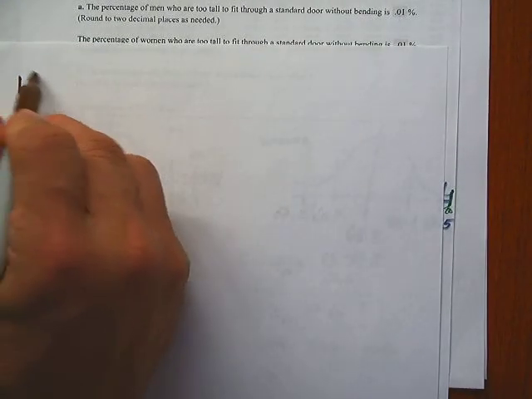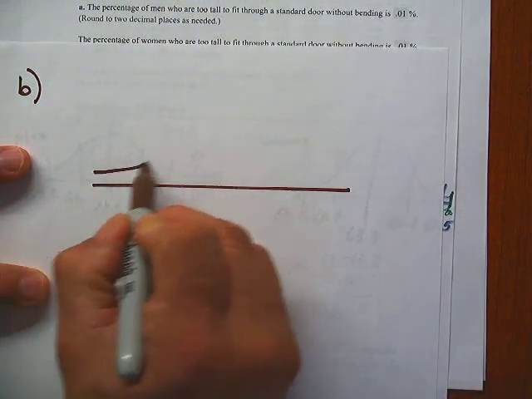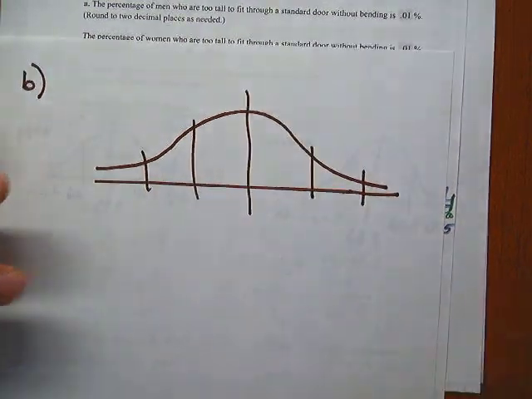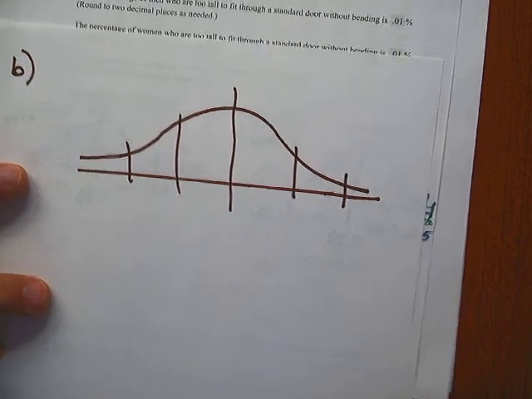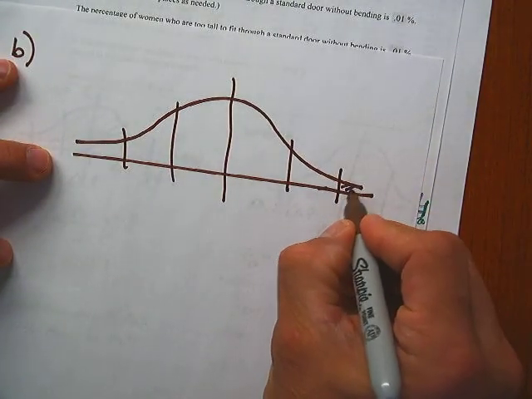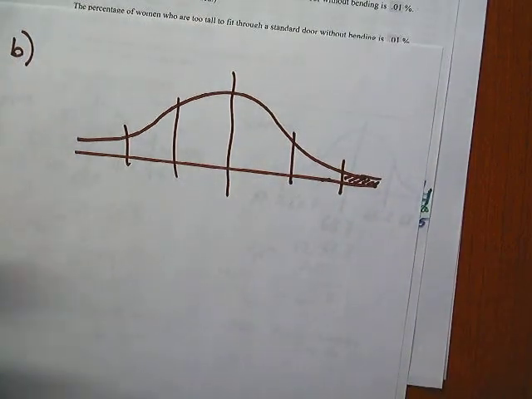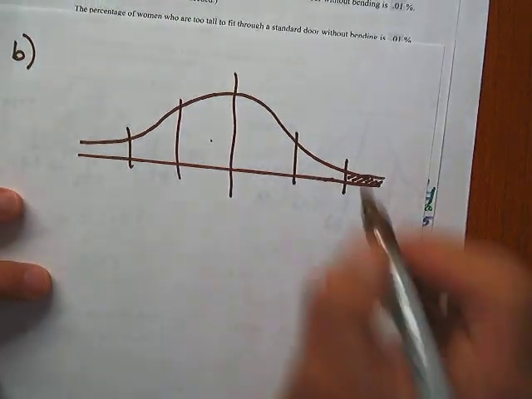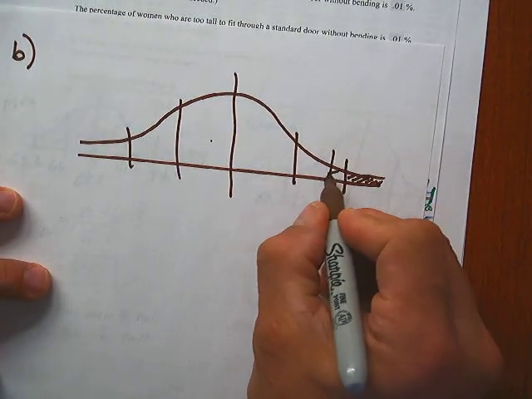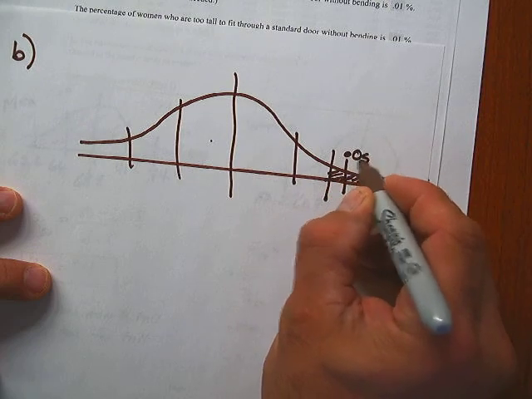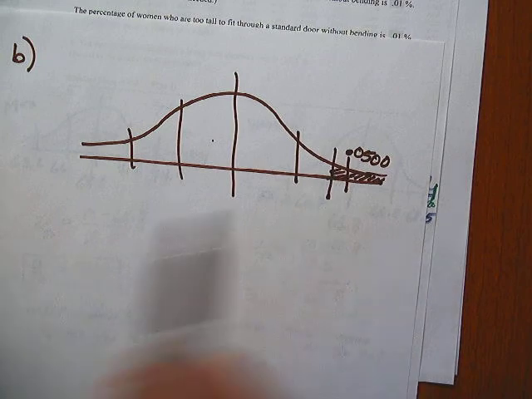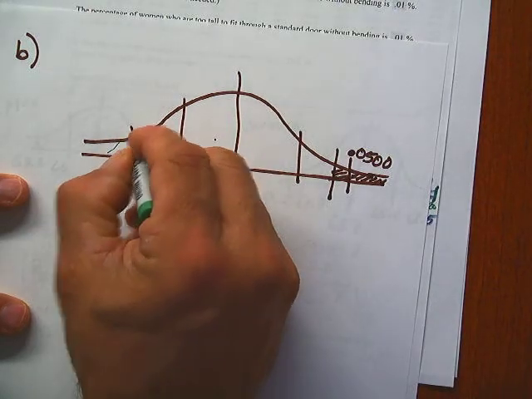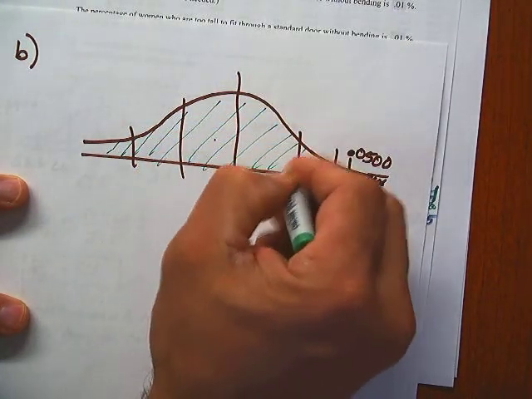Well, the way we would do that is we would draw another picture, and that's why you draw a picture on these, because it makes sense if you draw a picture. They want the tallest 5%. So we know this is 2.5 because of our empirical rule, 34, 34, 13.5, 13.5, 2.5, and 2.5. So 5 would be right in here. So this is the tallest 5%.